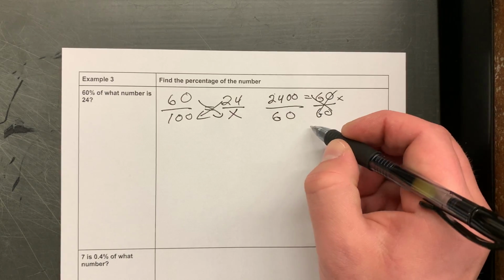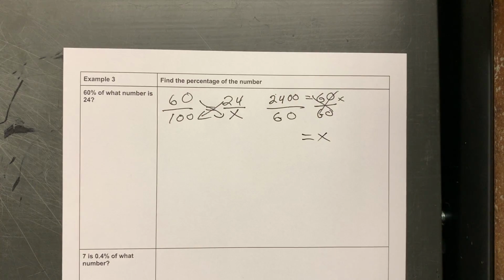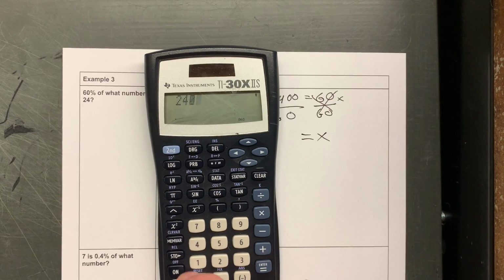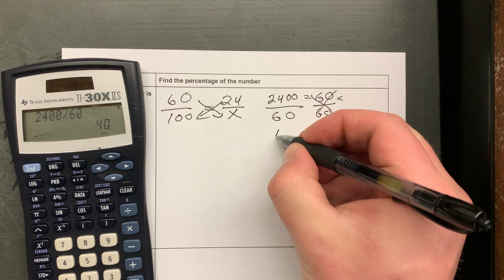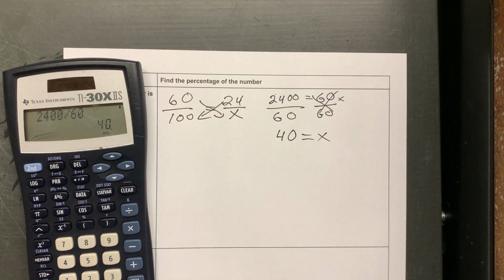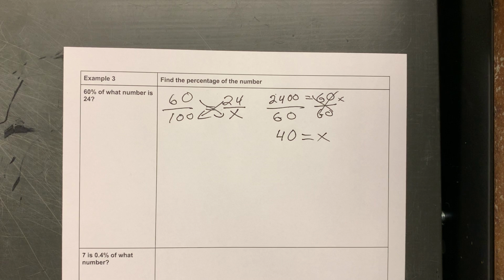Those cancel. 2,400 divided by 60, I end up with 40. 24 is 60% of 40. That's how I write this out.